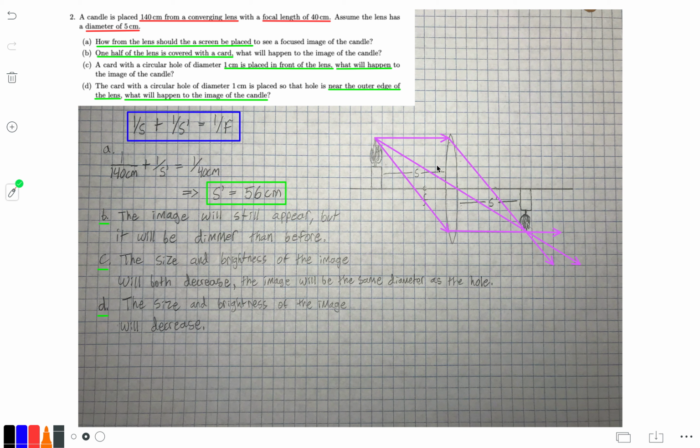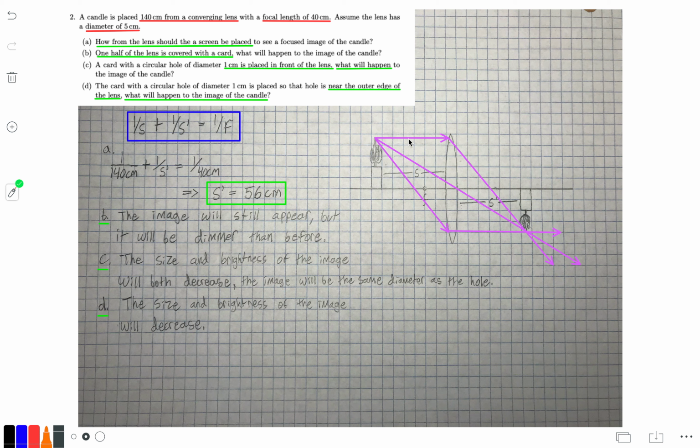All the rays on the other side of that block are going to make it through just fine. We're still going to see the image on the other side, but since there are fewer rays producing the image, it's just going to be a little bit dimmer.